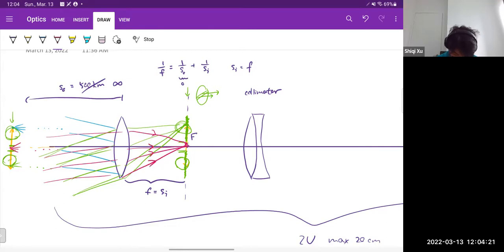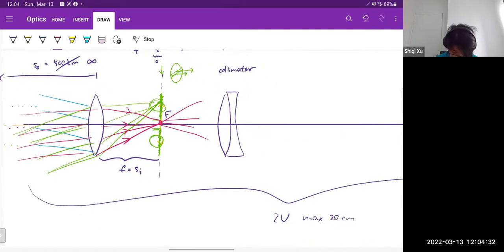So what they'll do here is they'll propagate like this, right? So what we want to do here with this collimator is output parallel light so that the filter receives the light parallel so that it can do its job.